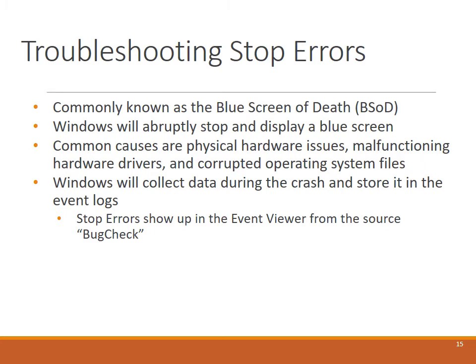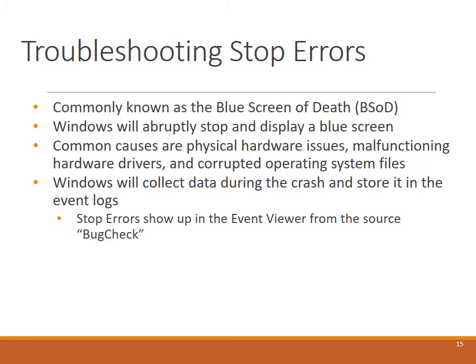Stop errors are what they're referred to in Windows 10. If you ever take the certification test, typically you'll see the phrase stop error, and that basically stands for blue screen of death, or BSOD. When you receive a stop error, Windows will abruptly stop and display a blue screen.